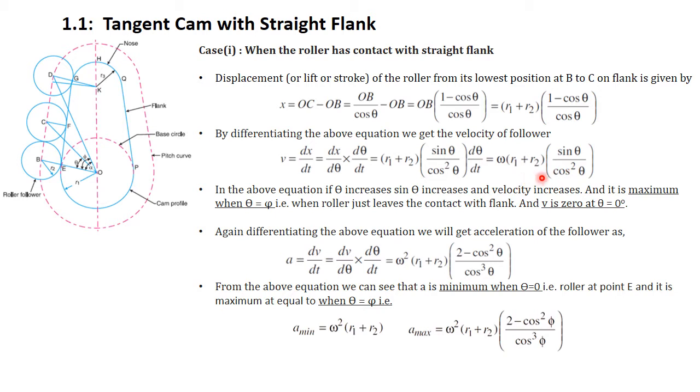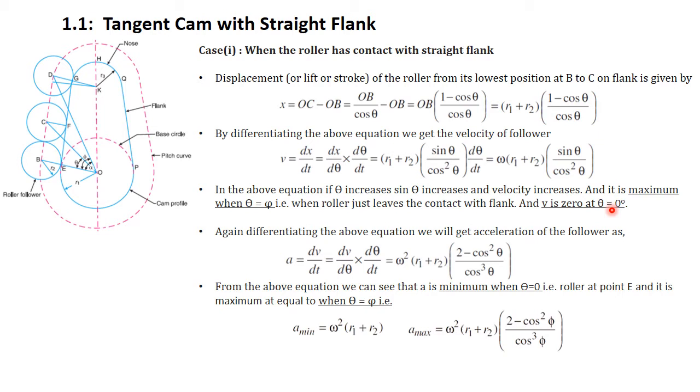The velocity is maximum when θ becomes φ. So when θ is equal to φ, the velocity is maximum, that is when the roller just leaves the flank and moves ahead from the flank to the nose, and the velocity is 0 at θ equal to 0.